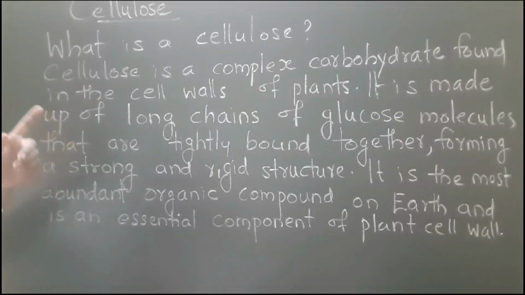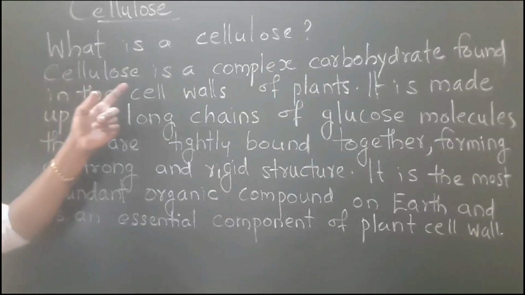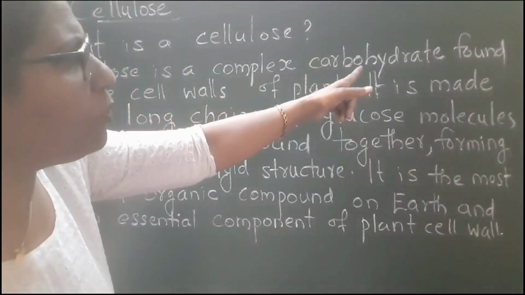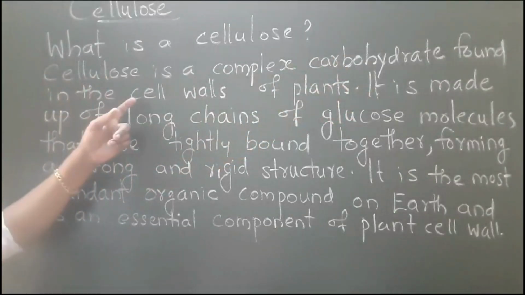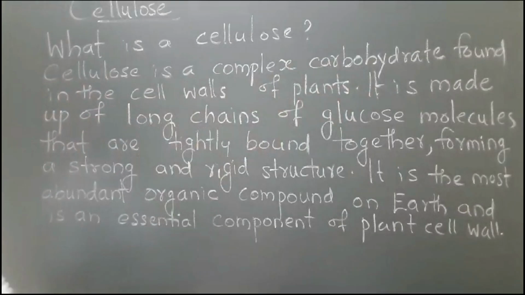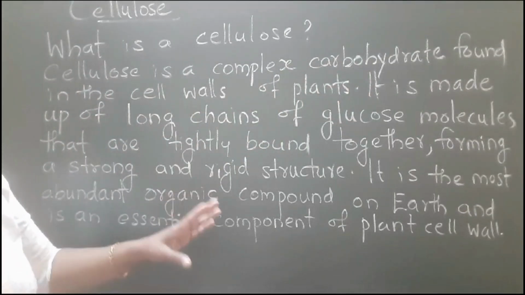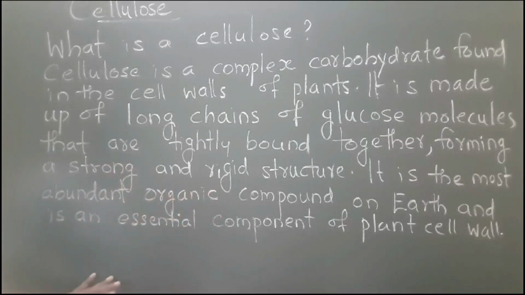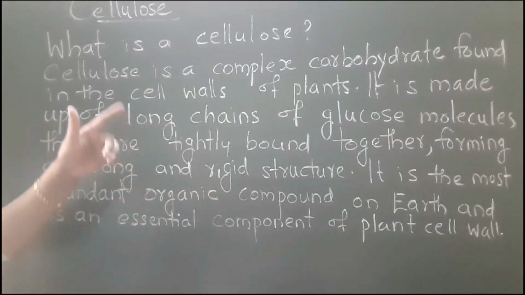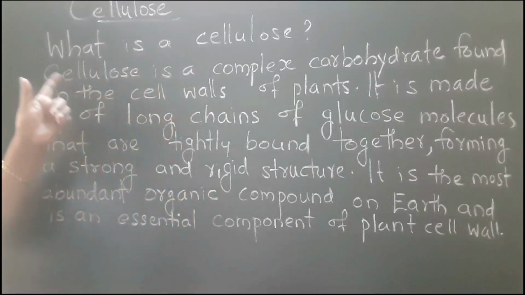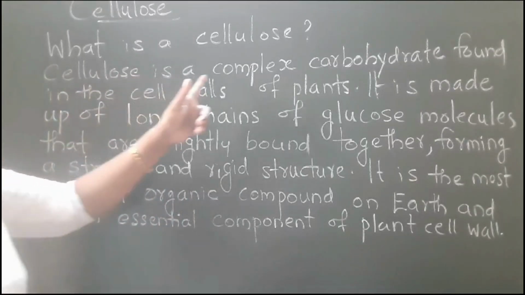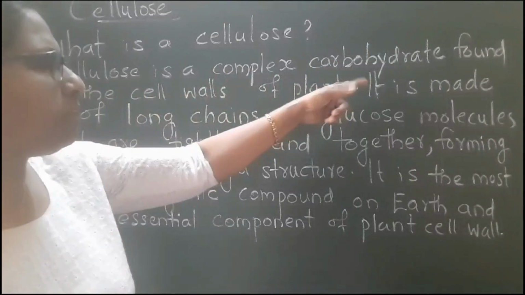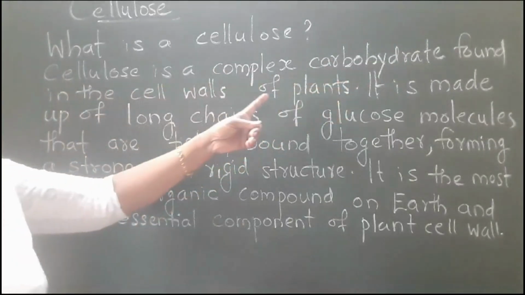We learned that the cell wall is made of cellulose. Now let's see what cellulose is. Cellulose is a complex carbohydrate found in the cell walls of plants.